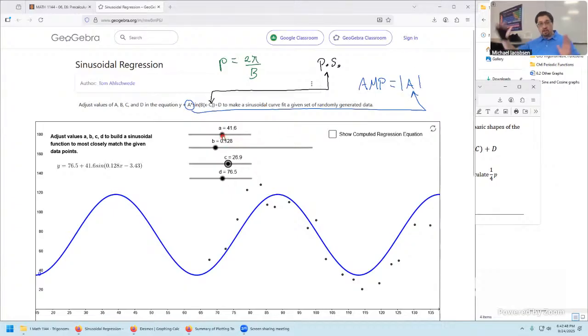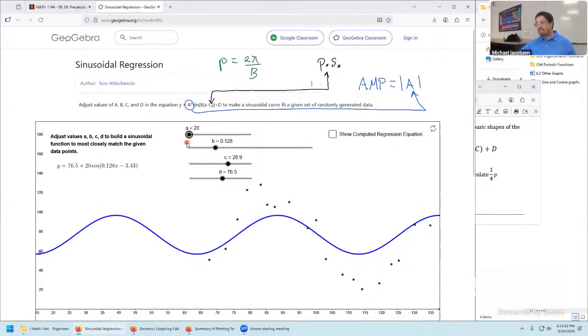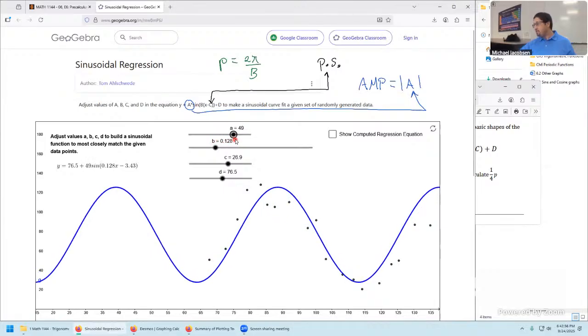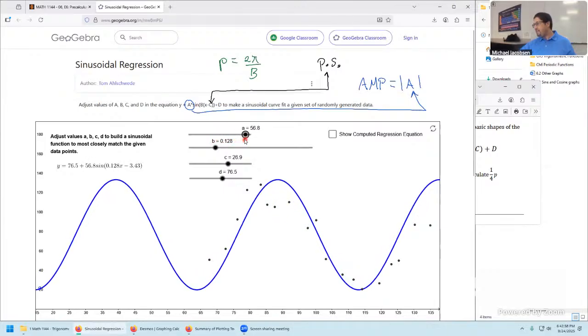If I make this smaller, it compresses vertically. We can kind of just see it on the graph. That's kind of fun in a way. Make it bigger, and it's stretching out, and maybe about like here, starting to look like not too bad of a model. So it looks like it's going through a lot of these points. Some of them maybe not so well, say like out here, maybe down here, but it's a pretty decent model.